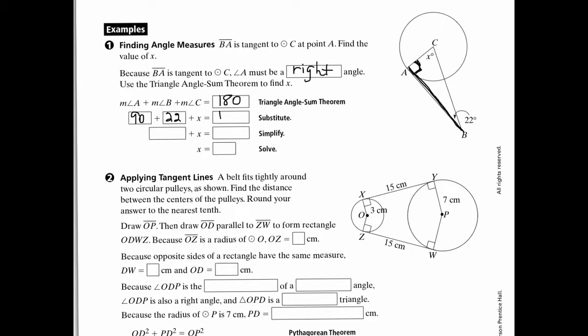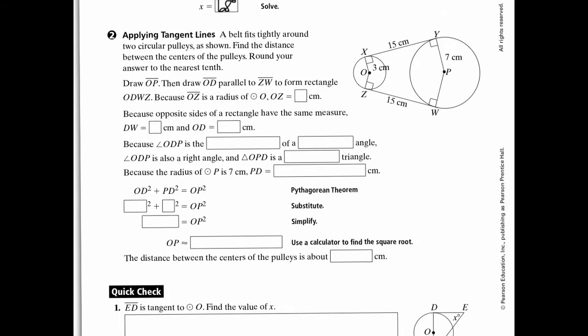Plus x would equal 180. 90 plus 22 is 112. So 112 plus x has to equal 180. And then I'm going to subtract the 112, right? So 180 minus 112 is 68 degrees. Easy peasy lemon squeezy.